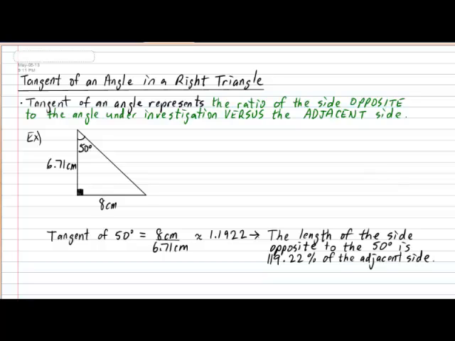Using a calculator, if you were to punch in tan of 50 degrees, it will also produce a result of approximately 1.192. This means that in a right triangle where the angle under investigation is 50 degrees, no matter how long the opposing side is, it will always be 119.22% of the length of the adjacent side.